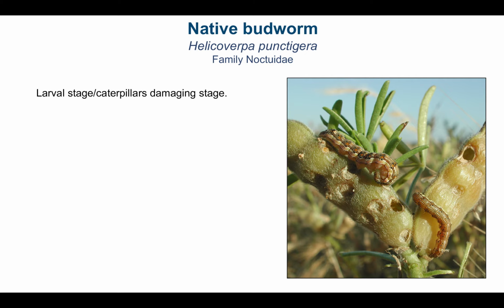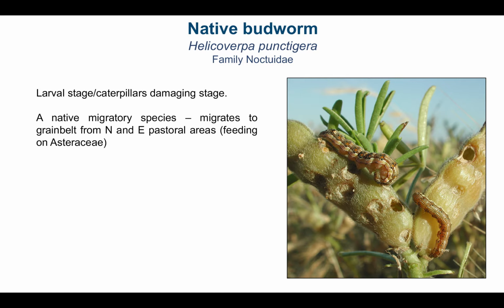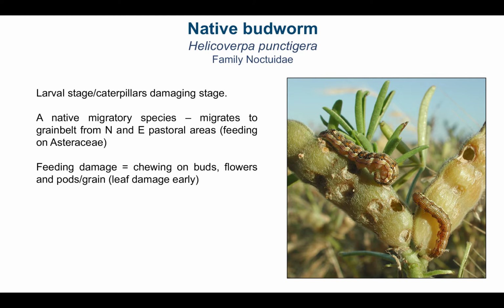Now, the biggest pest of pulses is native budworm. It's the larval stage of these caterpillars that is damaging. The moths fly in and they migrate into our state from the pastoral areas. They're very good at migrating. To date, there is no resistance in native budworm to insecticides.